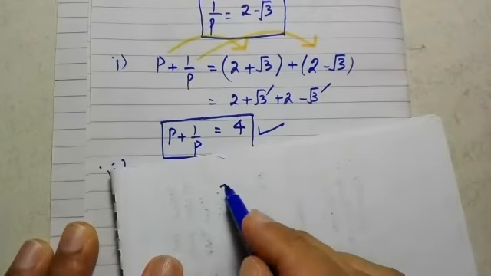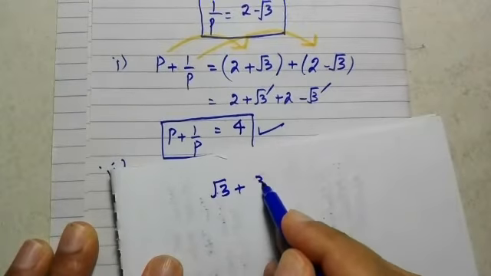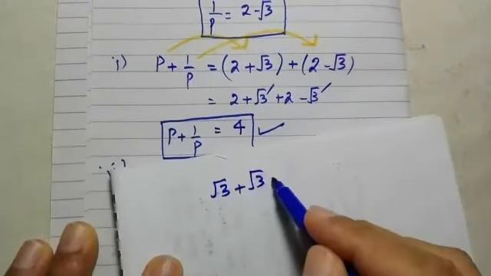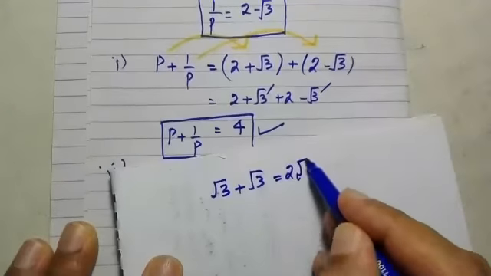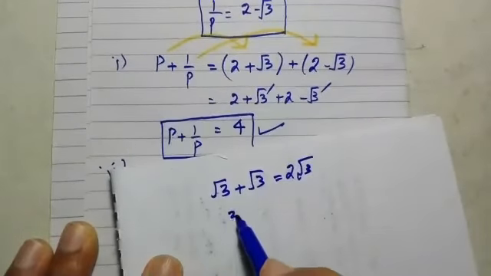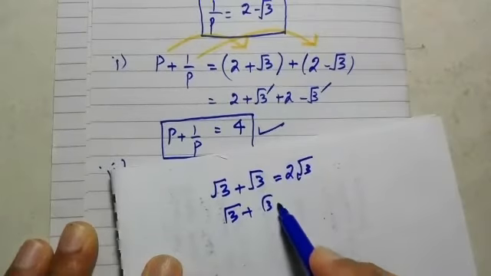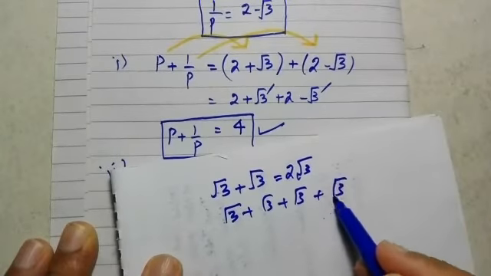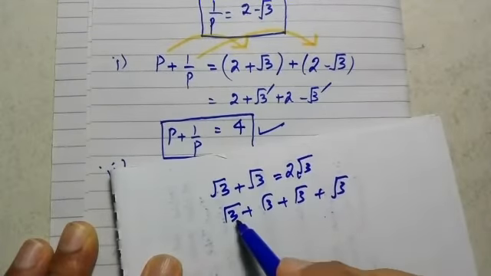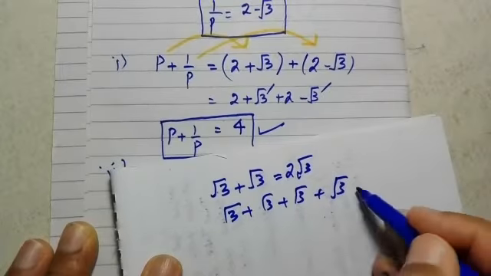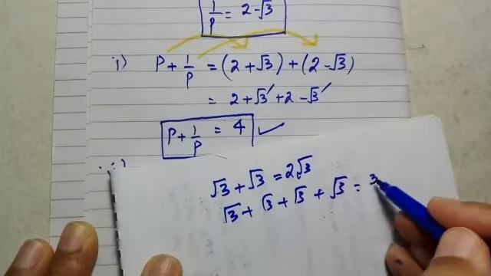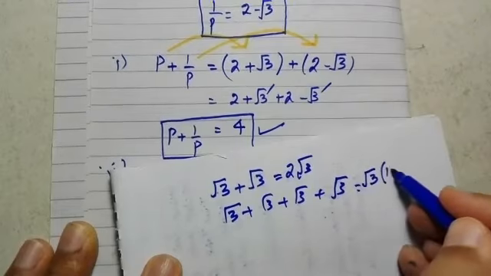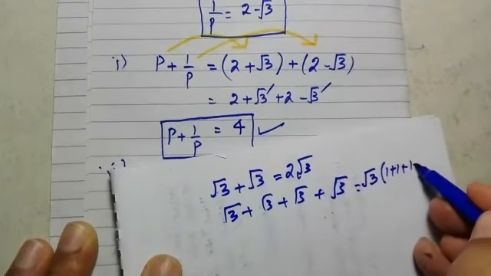If it is under root 3 and this is being added, you would write 2 times under root 3. If for example under root 3 is written 4 times, you have to add up all these 4 terms. You can do it in many ways. One way is to take out under root 3 common, and you will see 1 plus 1 plus 1 plus 1.